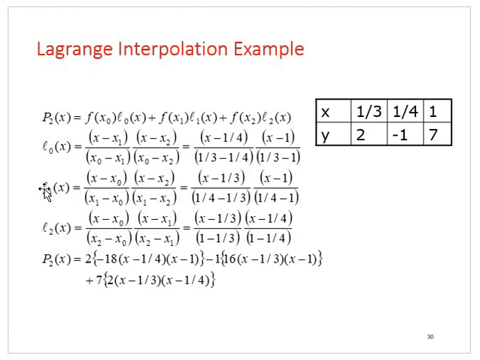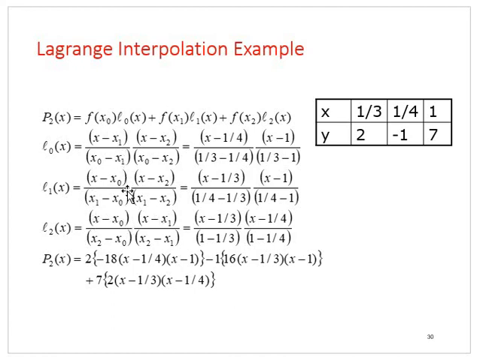And then for L1, this one is for x1. So you can see here in your numerator, you don't have x1. So it's x minus x0, x minus x2. Again, for L2, you don't have x2 in the numerator here.